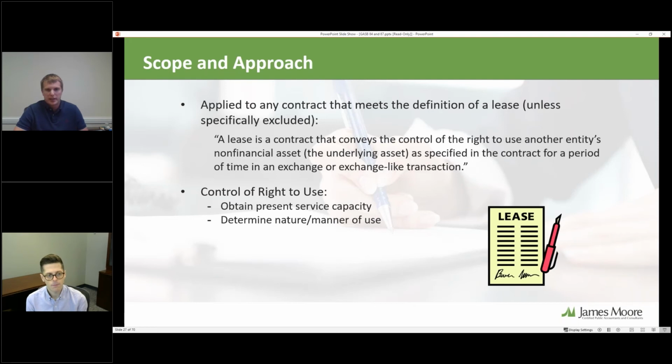And then also determining the nature and manner of use. Really the key here is, does the government have the ability to determine how the asset will be used during the period of the contract? There's a little bit of nuance there that we'll talk about with some of our examples later on, but for now, we'll just keep it simple. Next slide, please.